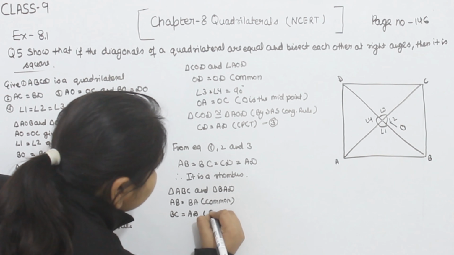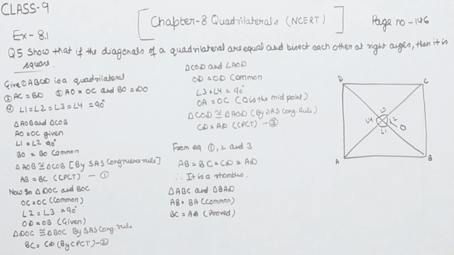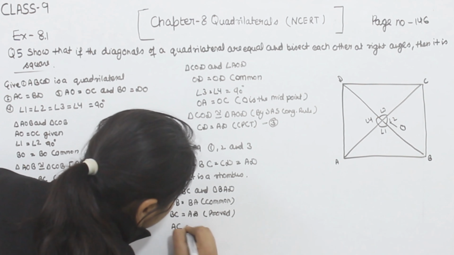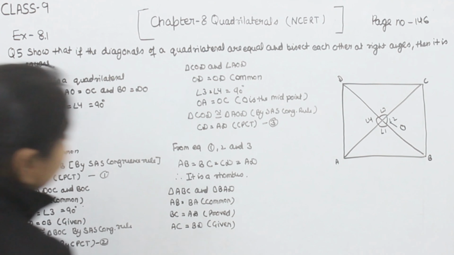Now the other one, AC is equal to BD, this one is given in the question.